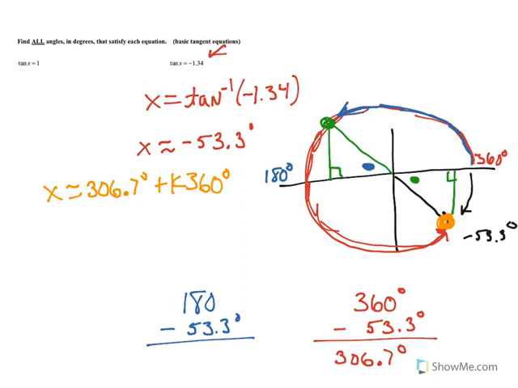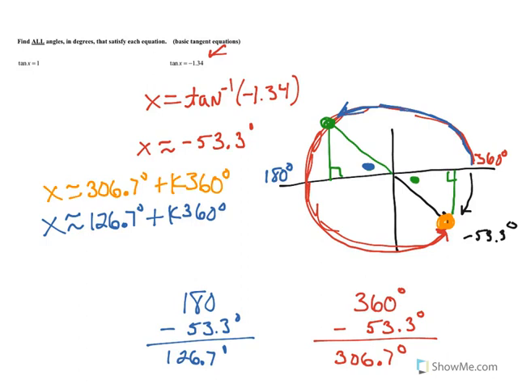And that should get you 126.7 degrees. So x is approximately 126.7 degrees plus multiples of 360.